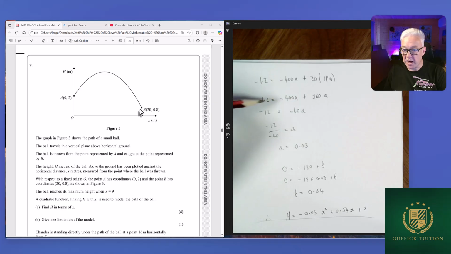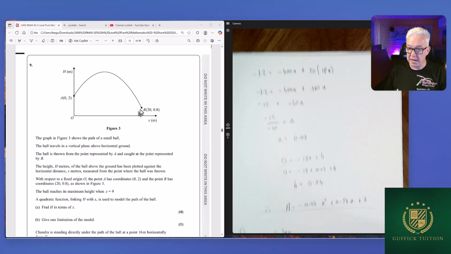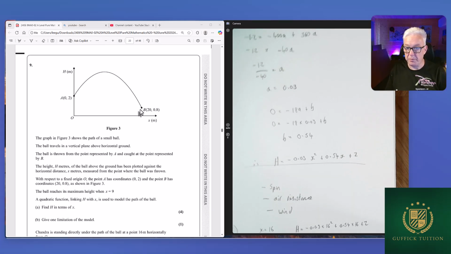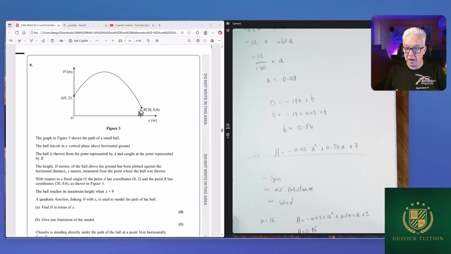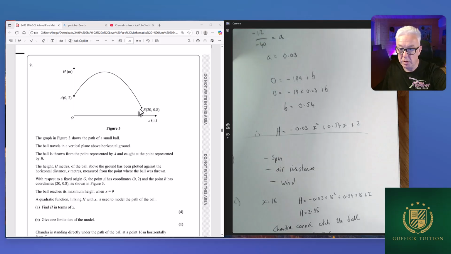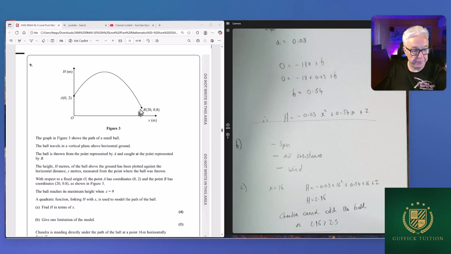So we just expand the brackets, collect like terms, and we find out that a is 0.03. Once we know that a is 0.03, we go back to any of the other equations to work out b. And b turns out to be 0.54. So we now have our full model, the quadratic modelling the motion of our ball. And that's part A done.